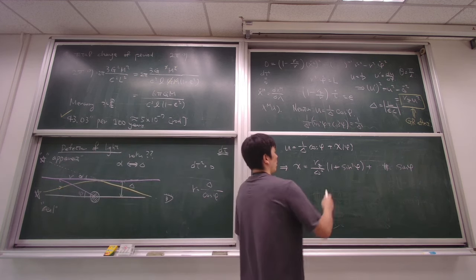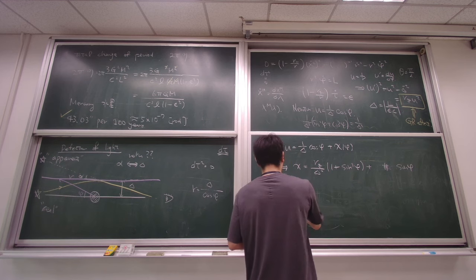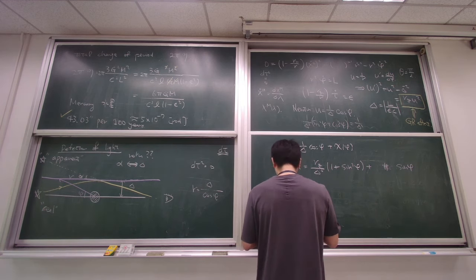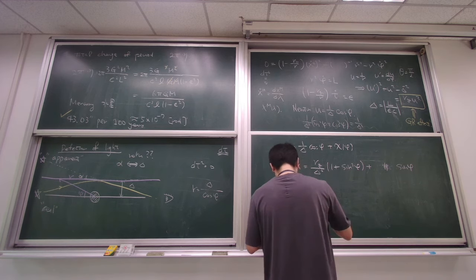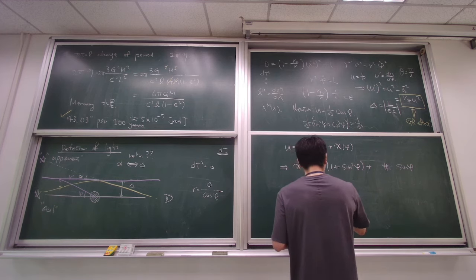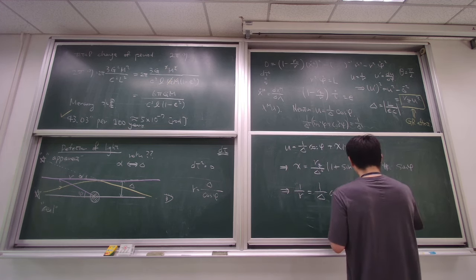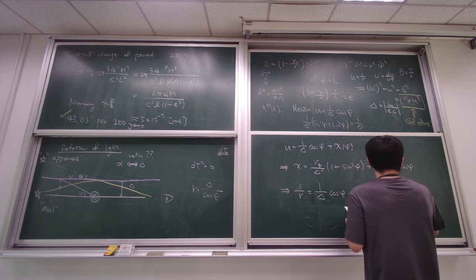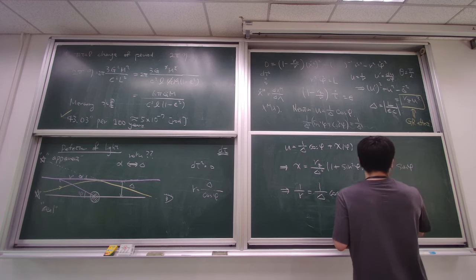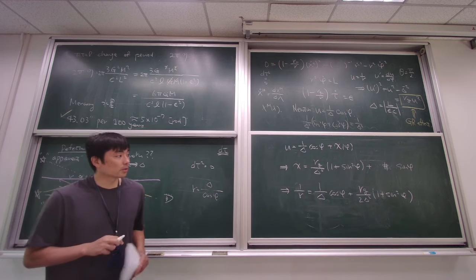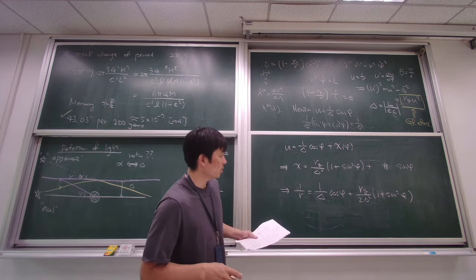Okay, so then plug into here, what you get is the 1 over r, delta. Okay, like this way, fine. If you plug this one into here, you get this one.